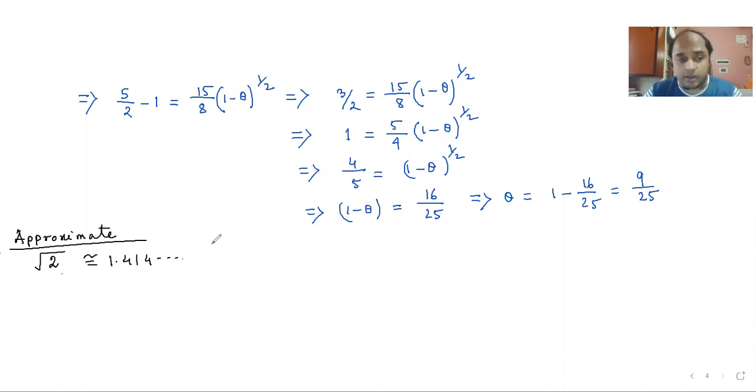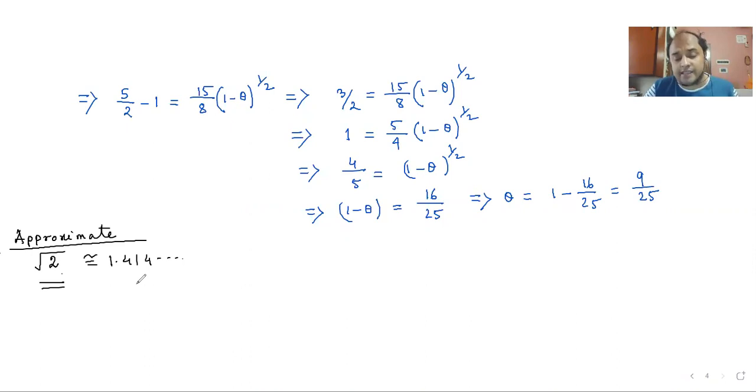But imagine, suppose we do not have these tools, then how can we approximate this particular number root 2? How can we approximate root 2 without taking the help of technology? Can I guess what could be the value of root 2?